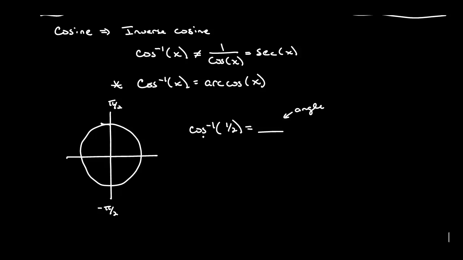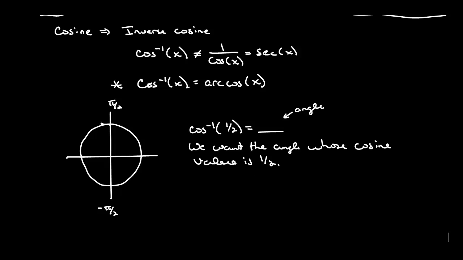Now we want the angles whose cosine value is 1/2. Well, from negative pi over 2 to pi over 2, that happens twice. Look.